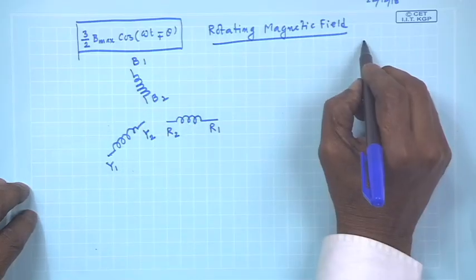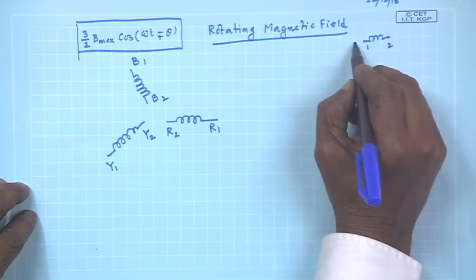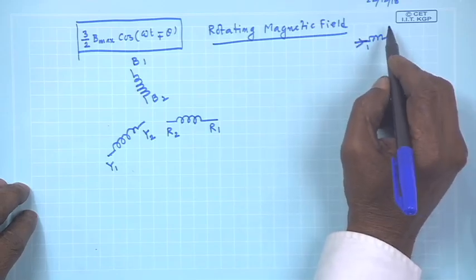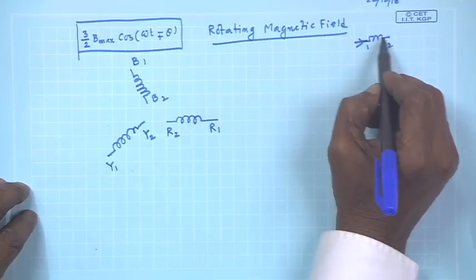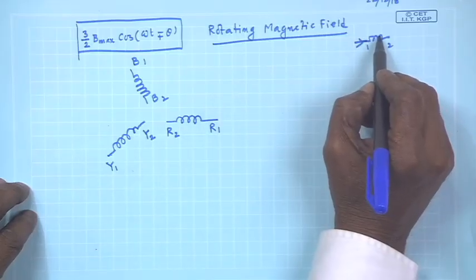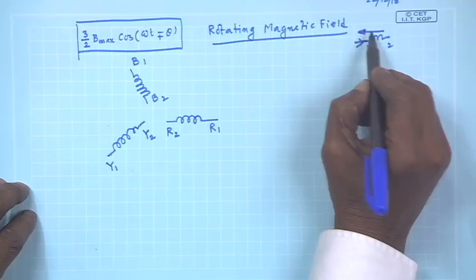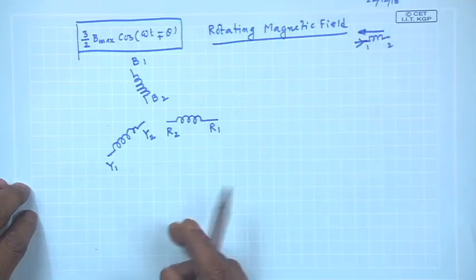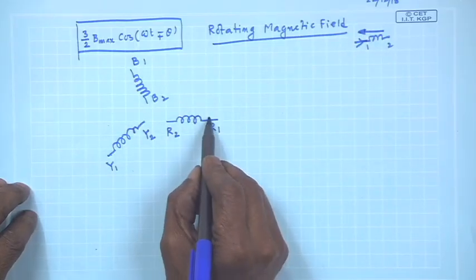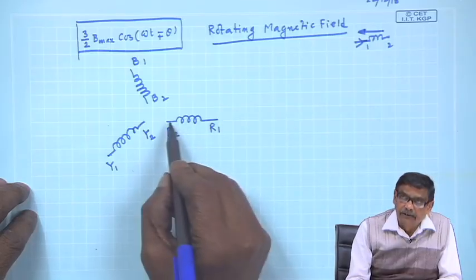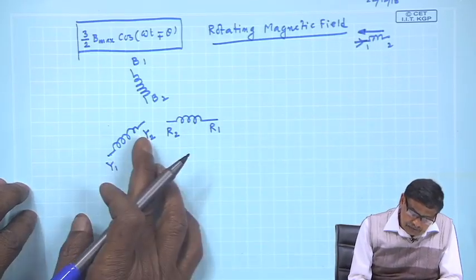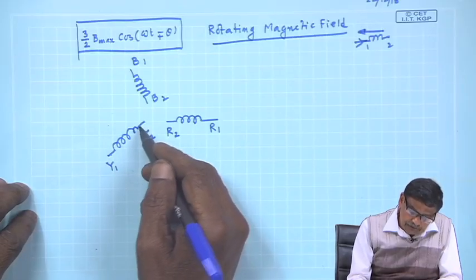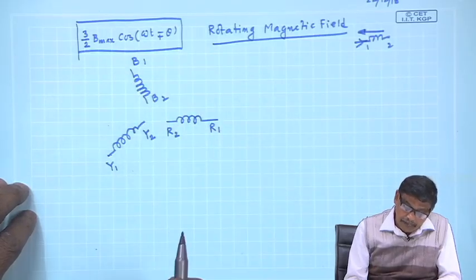I will assume that for the terminals marked 1 and 2, if current enters through 1, it will produce a field along this direction. That is, if current enters through R 1, field will be produced along this, and if current enters through Y 1, field will be produced away from the center, and so on.